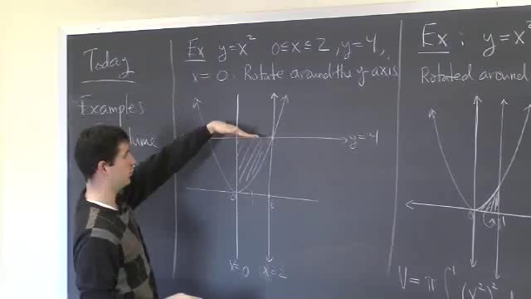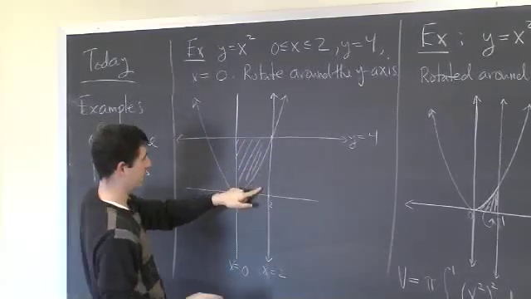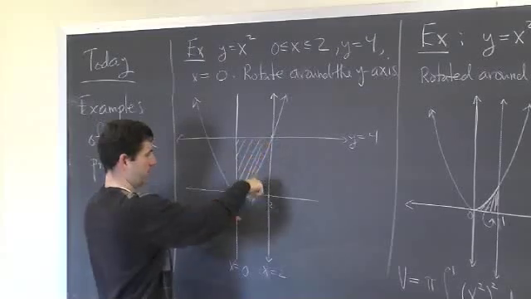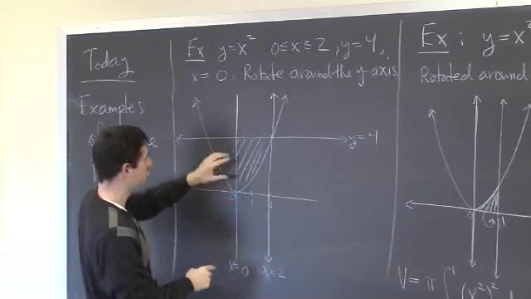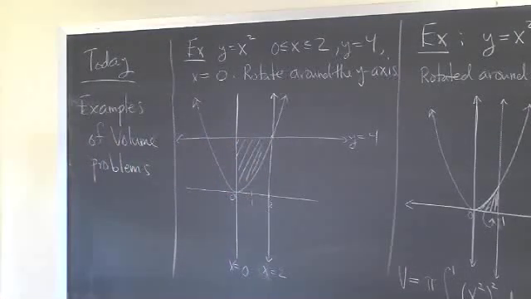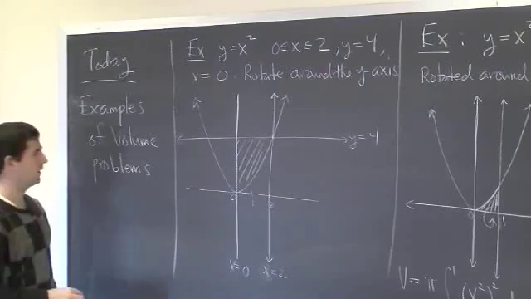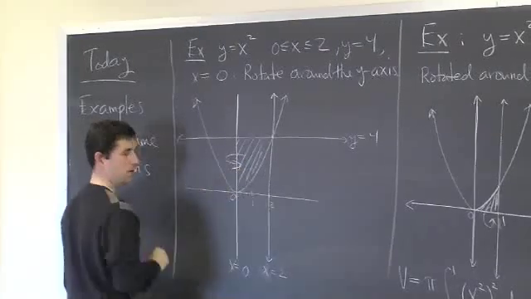I want the stuff between y equals 4 and this graph. The stuff down here is actually between y equals 4 and the axis that's somehow also bounded by this graph. So here I just want this. And now I'm supposed to rotate it, instead of around the x-axis, around the y-axis.